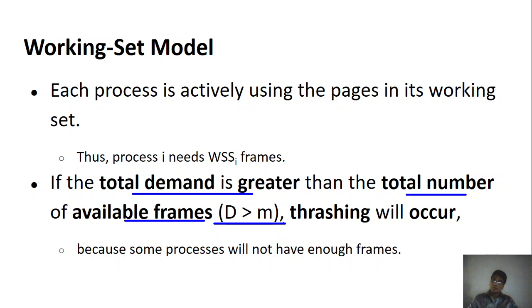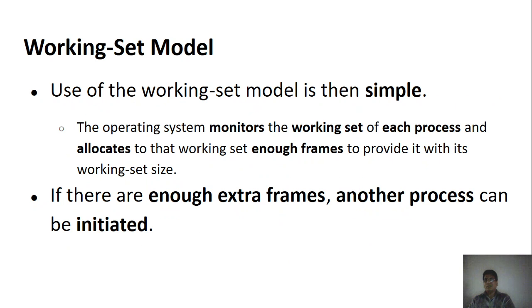So for some processes you have to say that there is memory, but not sufficient memory, you cannot fit, don't come now, come later when memory is available. The idea is very simple. The operating system will monitor the working set for each process and allocate enough frames to fit the working set size.